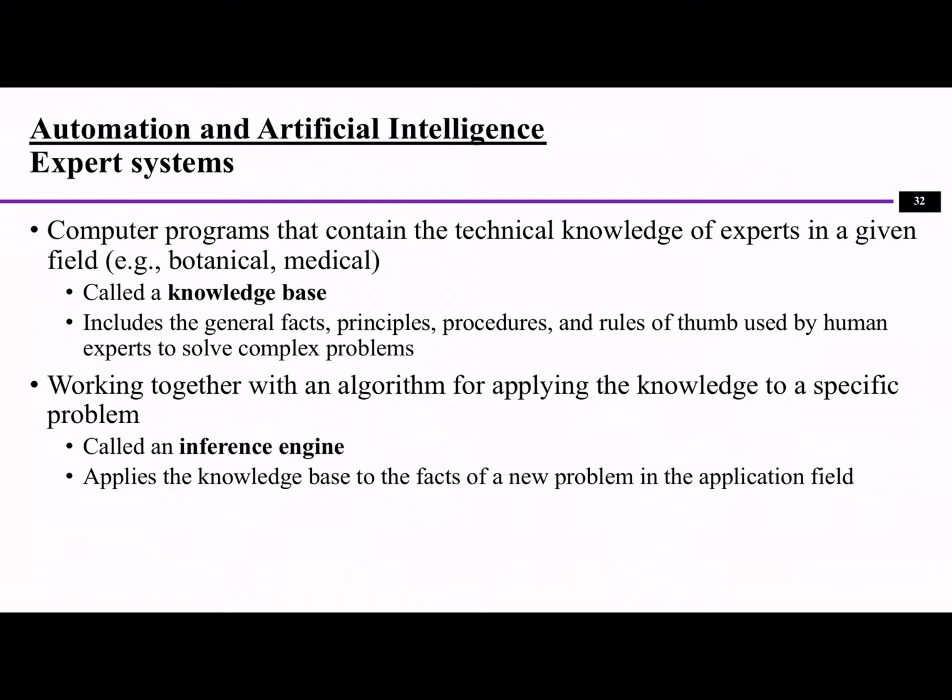All right. So in AI, there's a term called expert system. An expert system is composed of different components. One is the computer programs that contain the technical knowledge of experts in a given field, which we call the knowledge base. The knowledge base is a database that includes all the information that exists for the control.